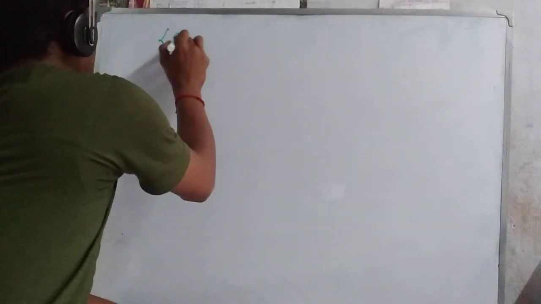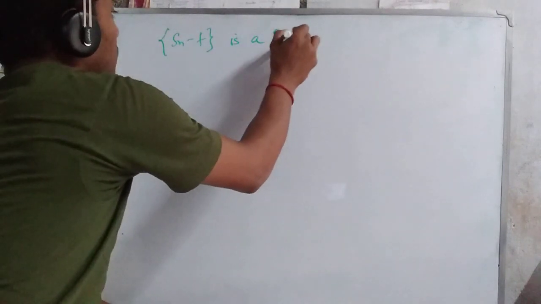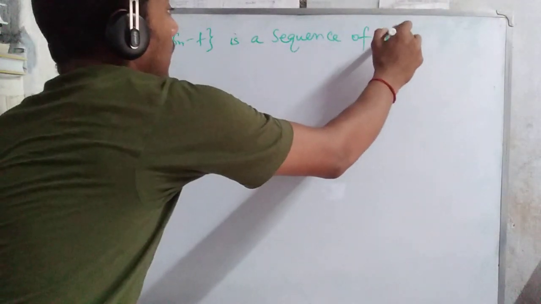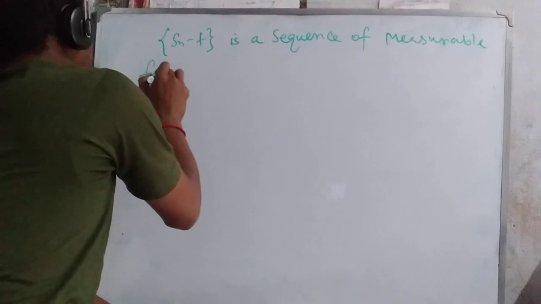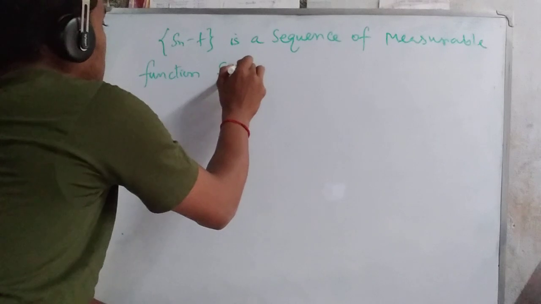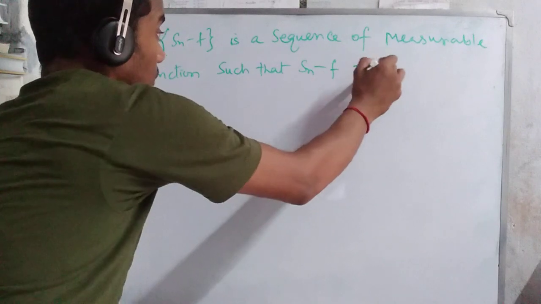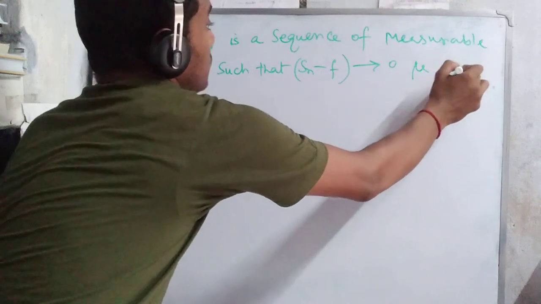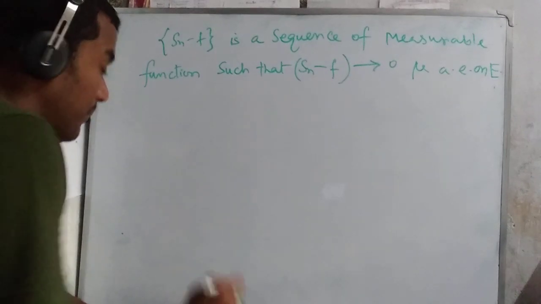Here S_n minus f is a sequence of measurable functions such that S_n minus f converges to 0, and obviously mu almost everywhere on E. Then what happened?